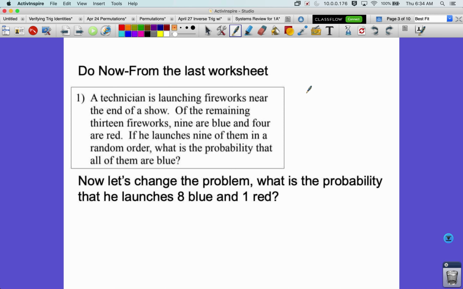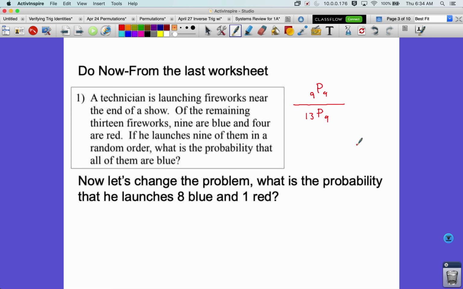And we solve this by saying he can do 9 pick 9 ways to order those 9 fireworks divided by 13 pick 9 for the number of ways that you can pick 9 objects out of 13.